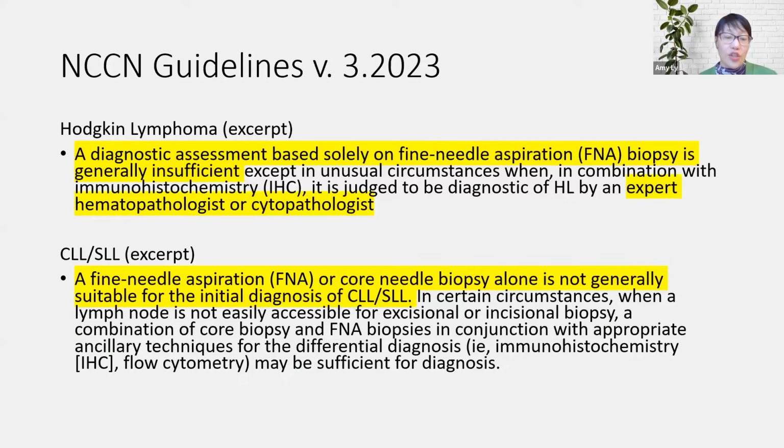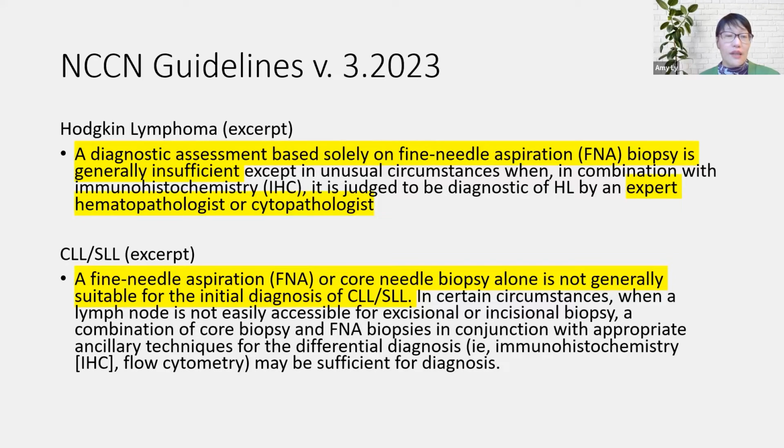So for example, Hodgkin lymphoma needs an expert hematopathologist or cytopathologist to review, and usually FNA is not sufficient. Similarly, though, in CLL, an FNA or core is generally not suitable for diagnosing this entity too, which I found a little bit surprising because sometimes a patient can be very clearly a CLL patient when you have a small volume biopsy that is testing out like a CLL.